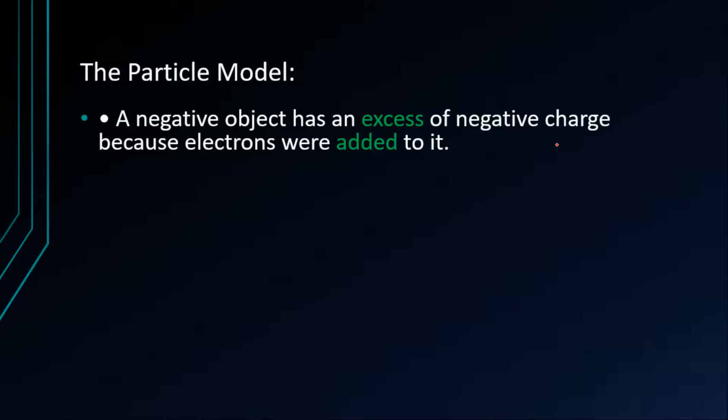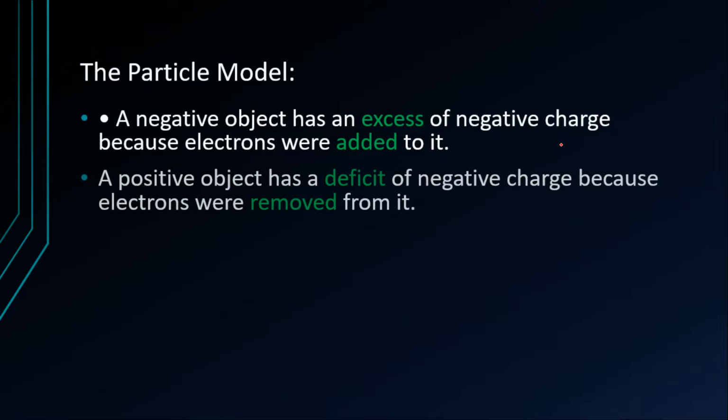A negative object has an excess of negative charge because the electrons were added to it. And I'm going to do an example with you where we're going to draw it out. Okay. A positive object has a deficit, which just means it's short, a deficit of negative charges because electrons were removed from it.